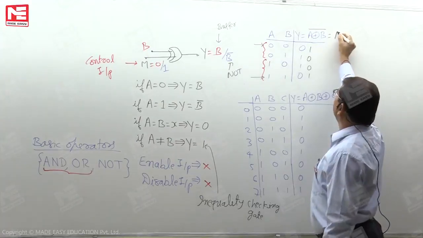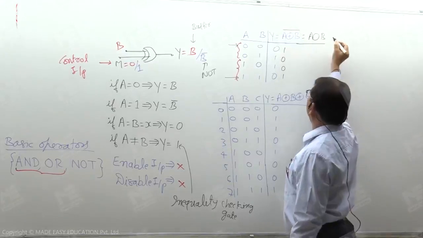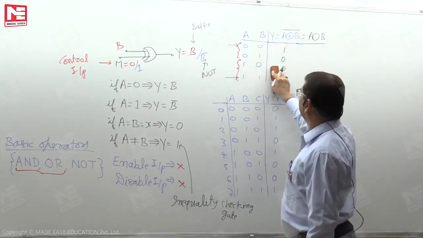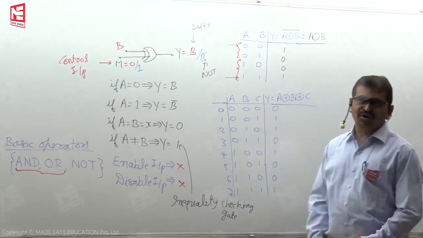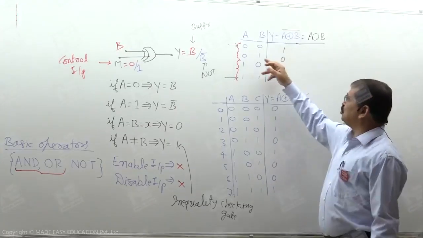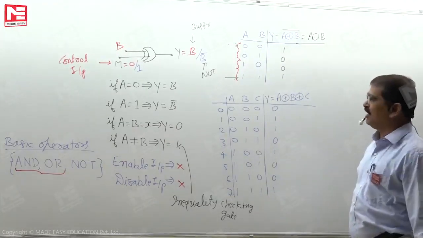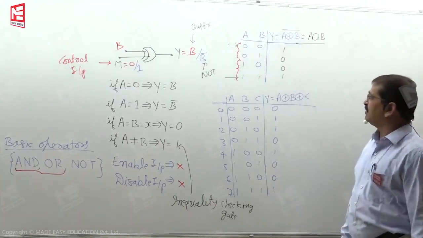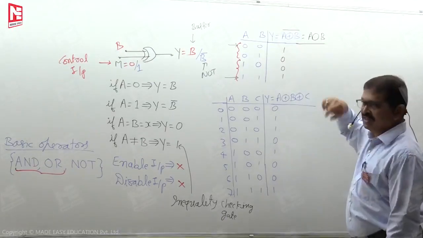So this will be A XNOR B. We have exclusive NOR result as 0 whenever both the variables are not the same, or exclusive NOR result is 1 whenever both the variables are the same.